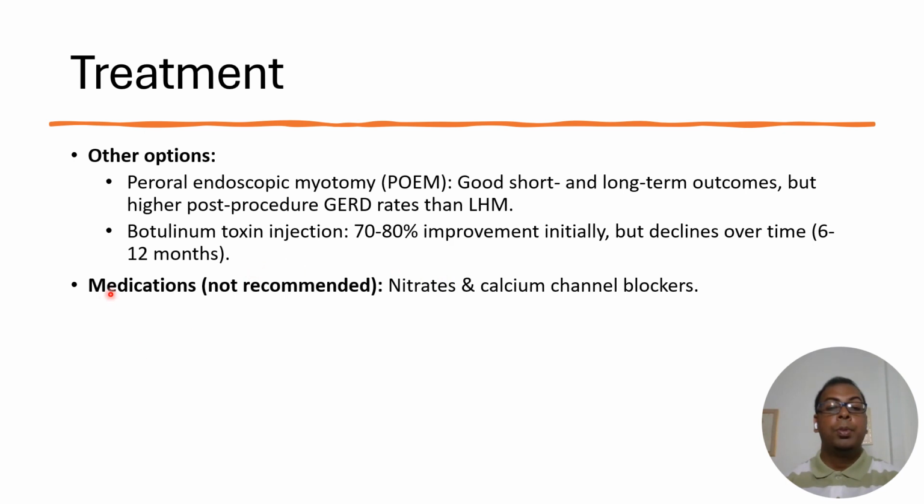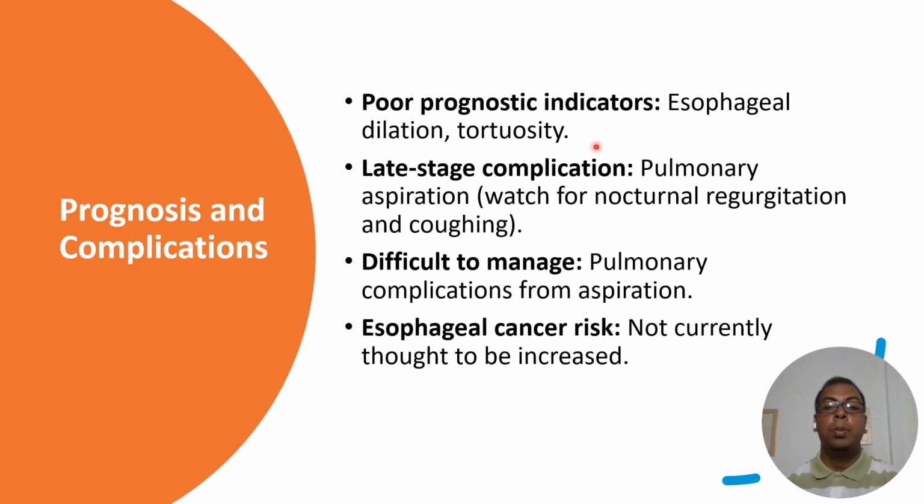And other options, you could use medications like nitrates and calcium channel blockers, which are dilators, but it hasn't proven very effective, so it's generally not recommended. All right, so prognosis and complications, some poor prognostic indicators. We have esophageal dilation, tortuosity, late stage complication, pulmonary aspiration, watch for nocturnal regurgitation.